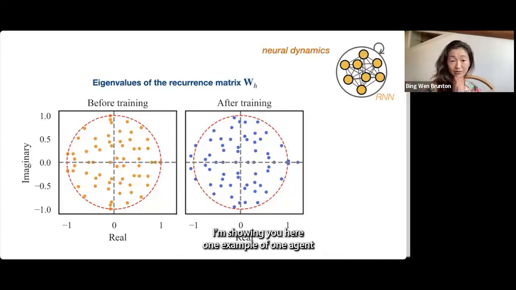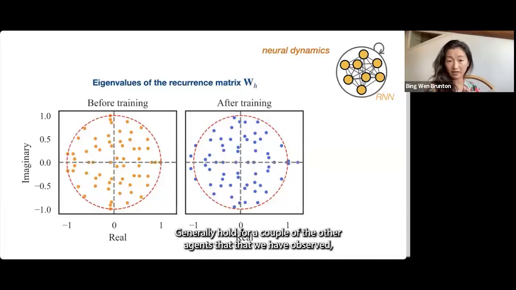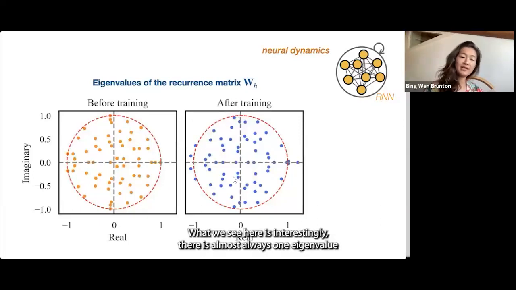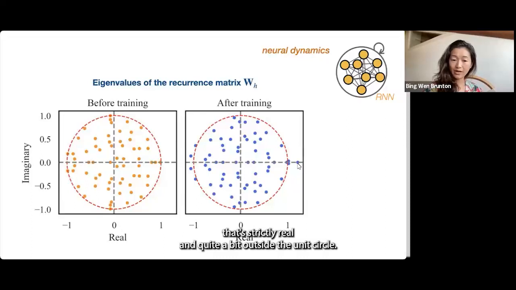After training, I'm showing you one example of one agent, and the observations I'm about to tell you about generally hold for a couple of the other agents we have observed, but not every single one. Interestingly, there is almost always one eigenvalue that's strictly real and quite a bit outside the unit circle, so it is pretty unstable.